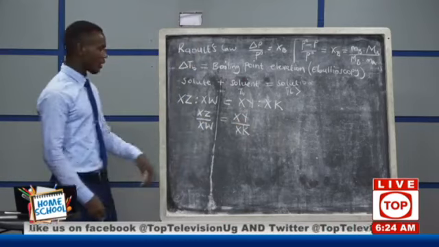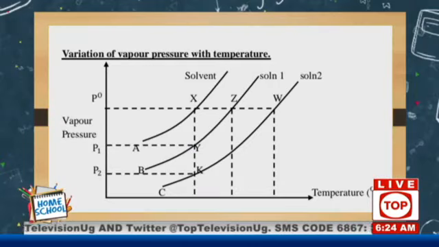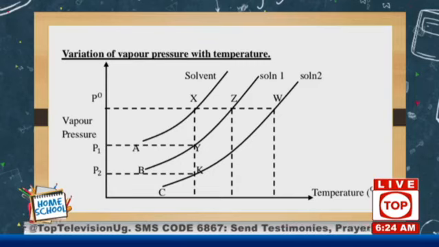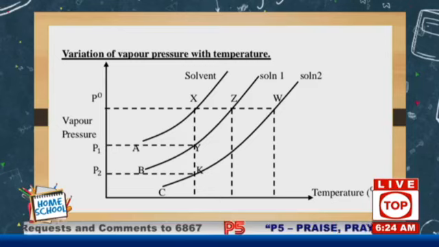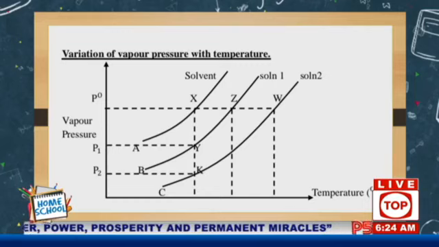All right, we can go back to that slide and emphasize a few things. XZ is the change in temperature of solution 1. Then XW is the change in temperature, the boiling point elevation, of solution 2.